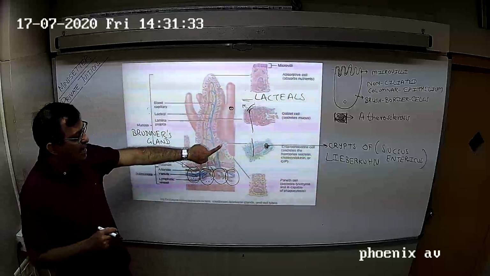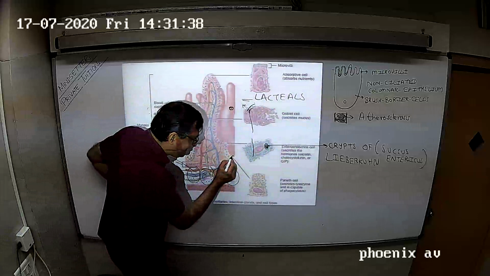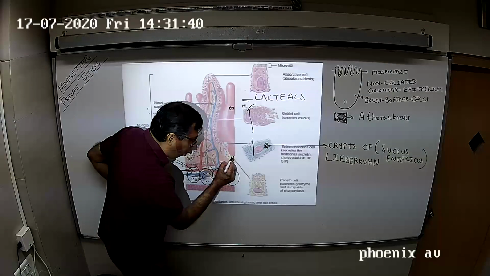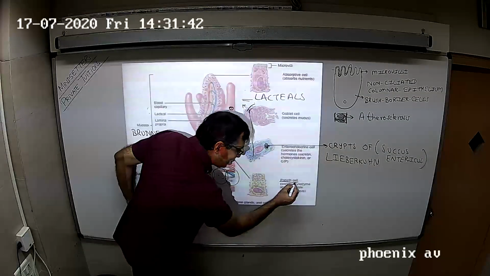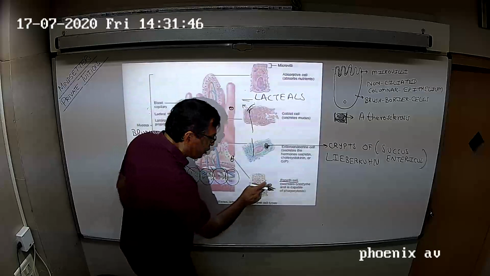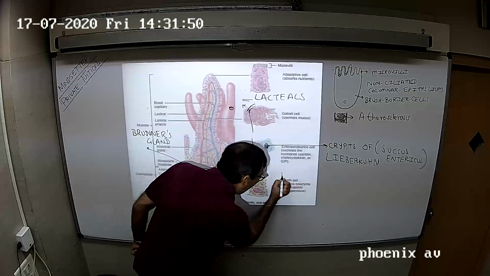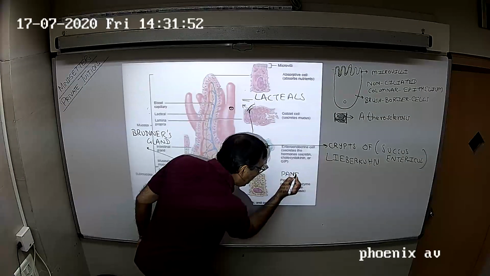And आपकी ये क्रिप्स ऑफ लाइब्रेरी में specialized cells होते हैं which are called as Paneth cells. ये आपके बुक्स में दिया नहीं है, so you may remember this well. What are the special cells called as Paneth cells?